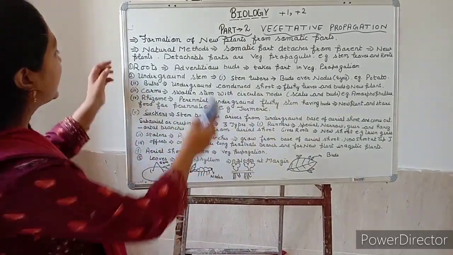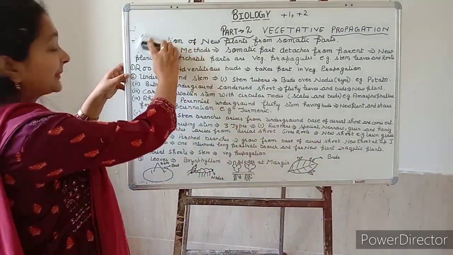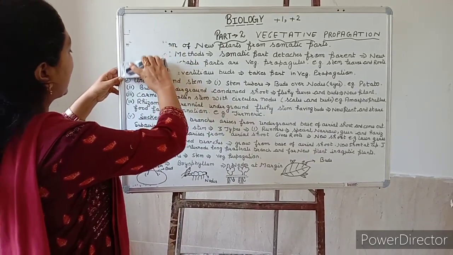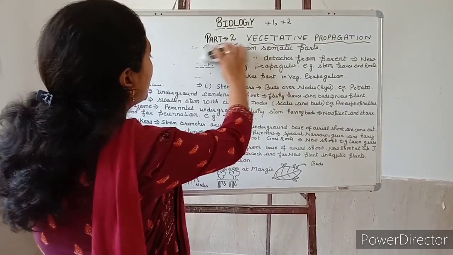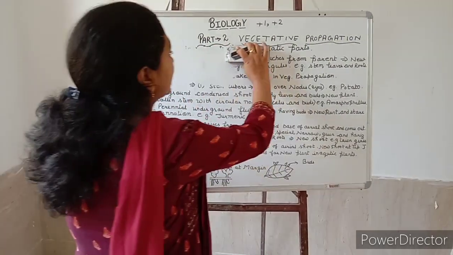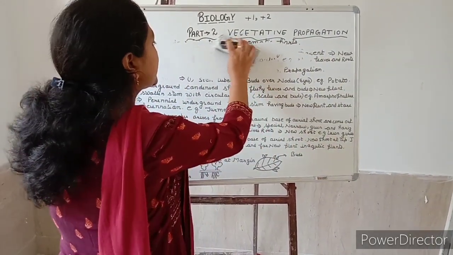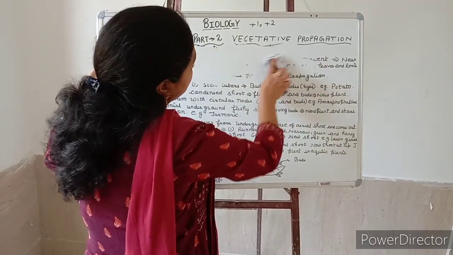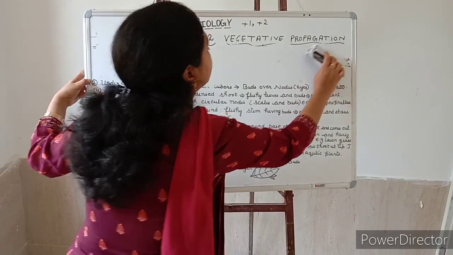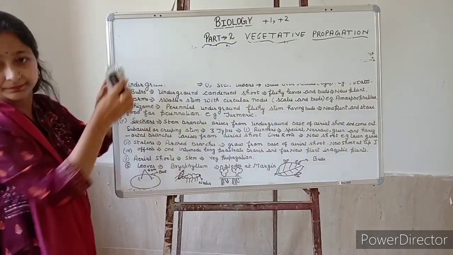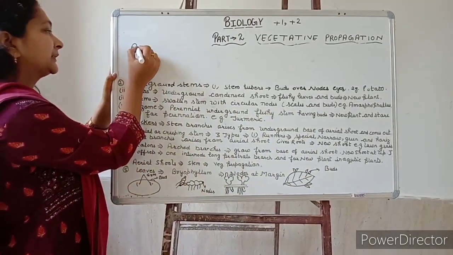Now, these are the natural methods. Next are the artificial or horticultural methods. Horticultural methods also use special organs.